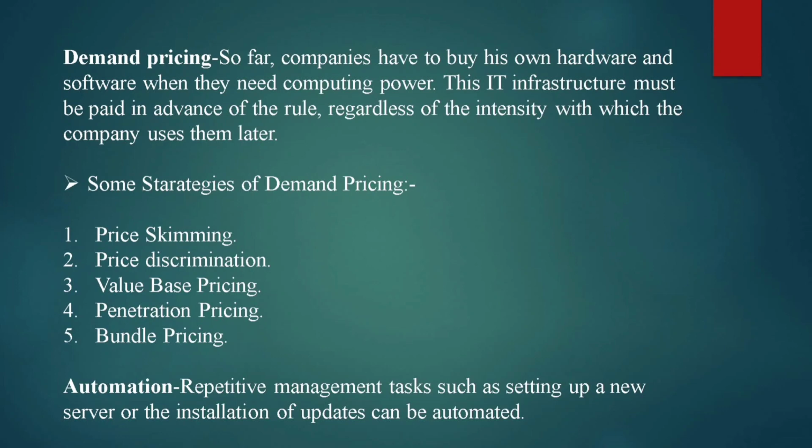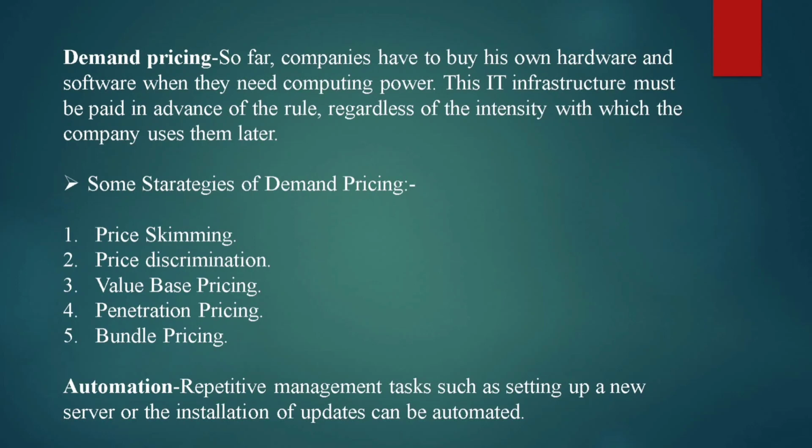Then the next is price discrimination. That means price is determined based on demand in the market. Different markets are charged differently for similar products. The next is value based pricing. Value based pricing means price determination is based on the actual value of the item. Then the next is penetration pricing.